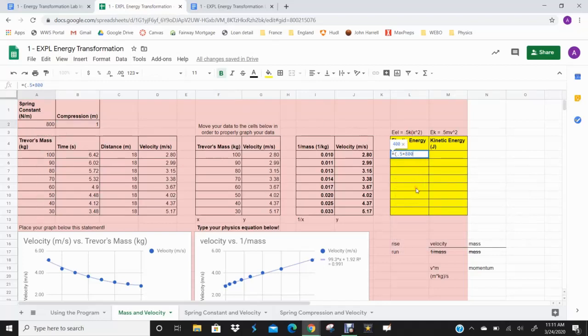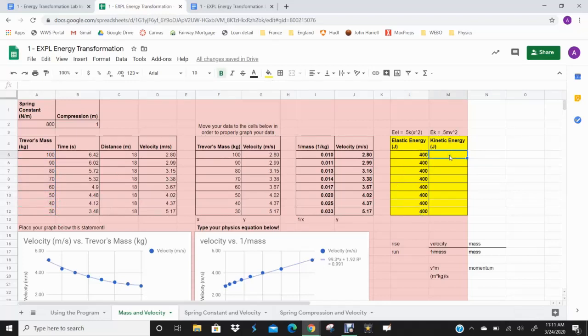So just type 800 since it doesn't change. And then multiply that by 1 squared. And we know that 1 squared is 1, but we're going to go ahead and put in the whole equation. And then we'll just drag this down. So it should be 400 the whole time, right? The elastic energy doesn't change because we had the same spring constant the whole time and the same compression for the spring. We changed mass, which has nothing to do with elastic energy, okay?